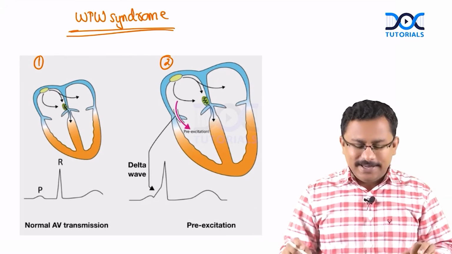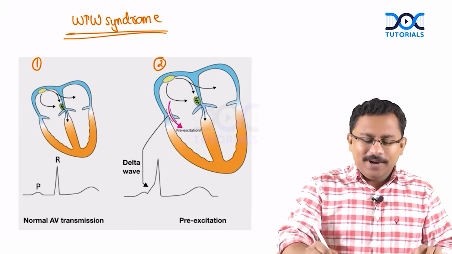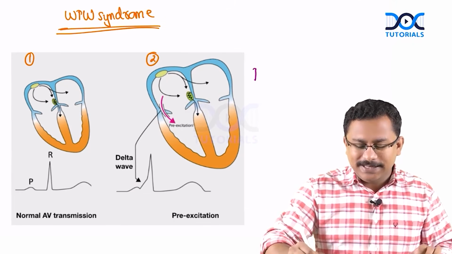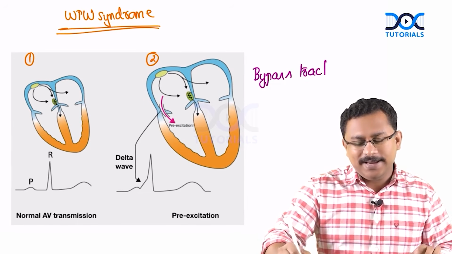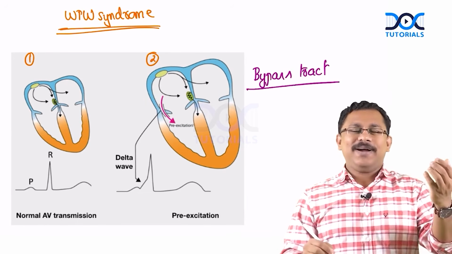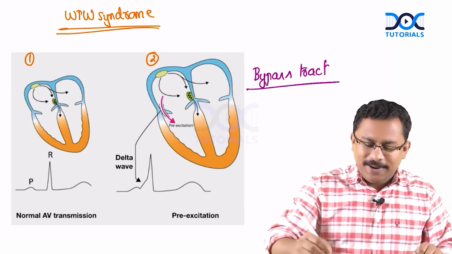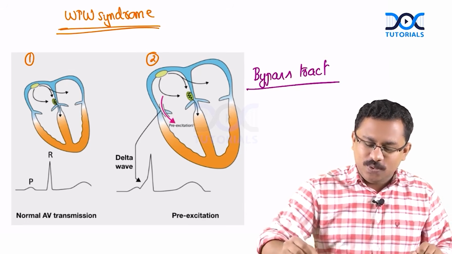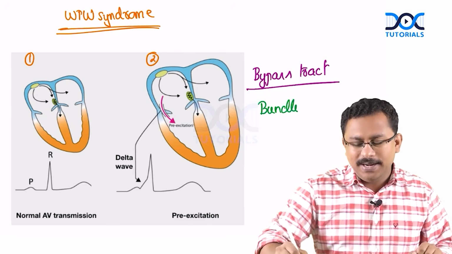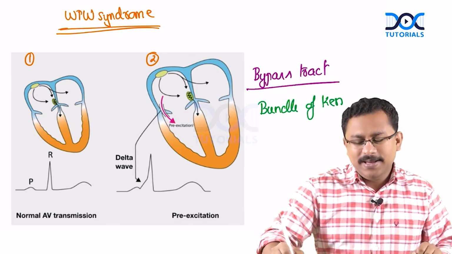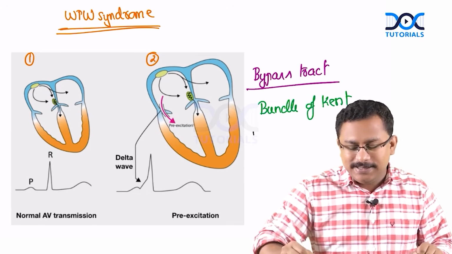That's the normal conduction. But in case of WPW syndrome, what happens is that there is a bypass tract between the atrial myocardium and the ventricular myocardium, and this bypass tract is referred to as the bundle of Kent. It is called a bypass tract because it bypasses the AV node.